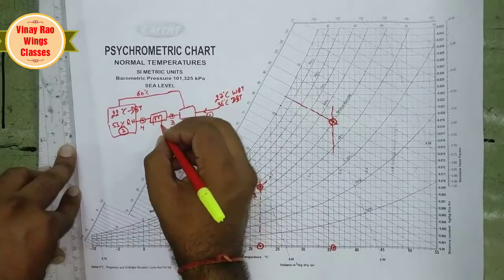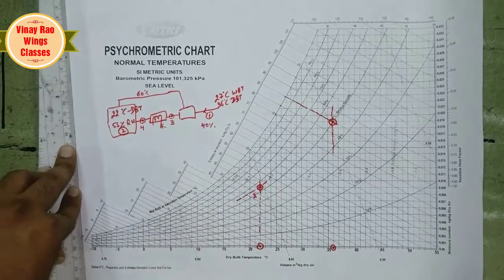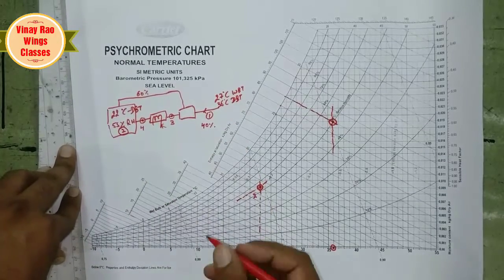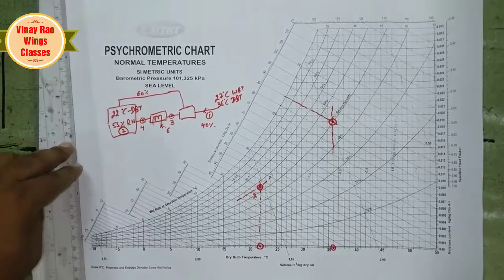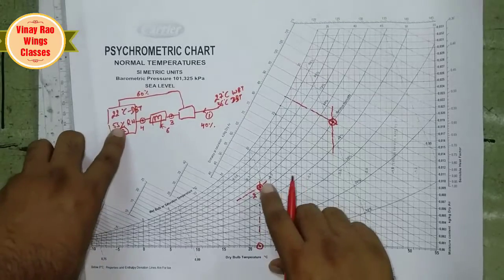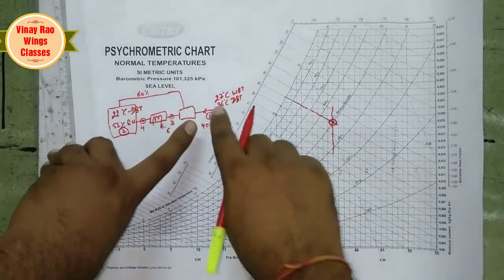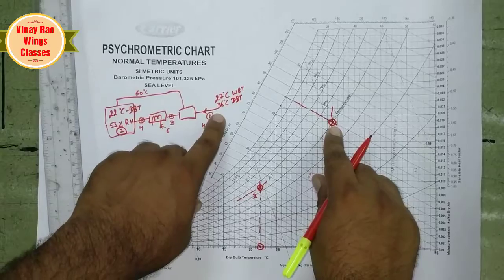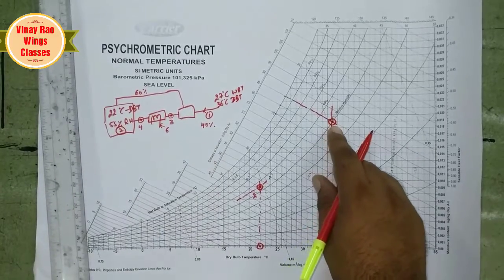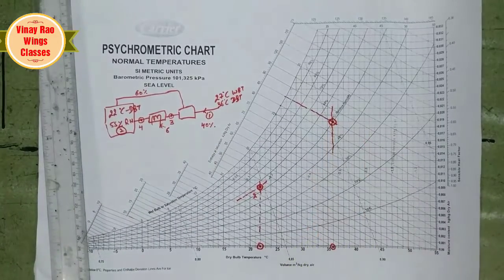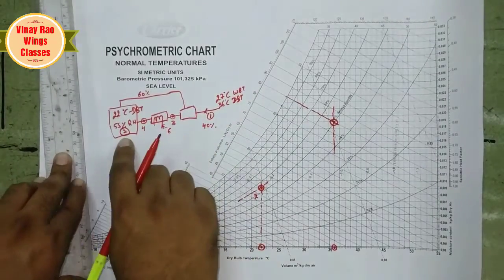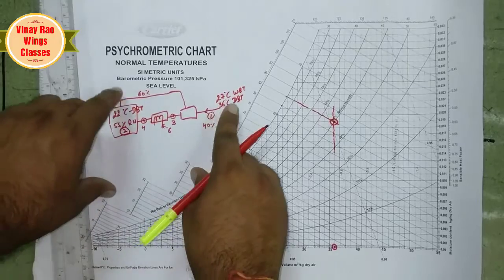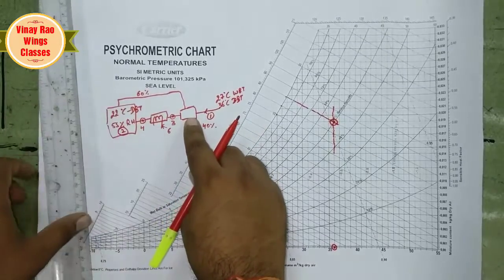This is the temperature of the coil, written as point number 6. So we mark the inside condition and the outside condition. There is direct mixing of 1 and 2, meaning 60% and 40% direct mixing will take place.